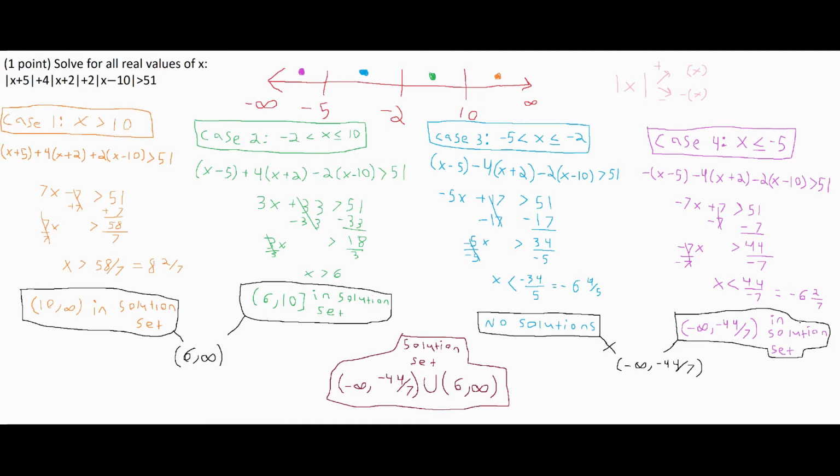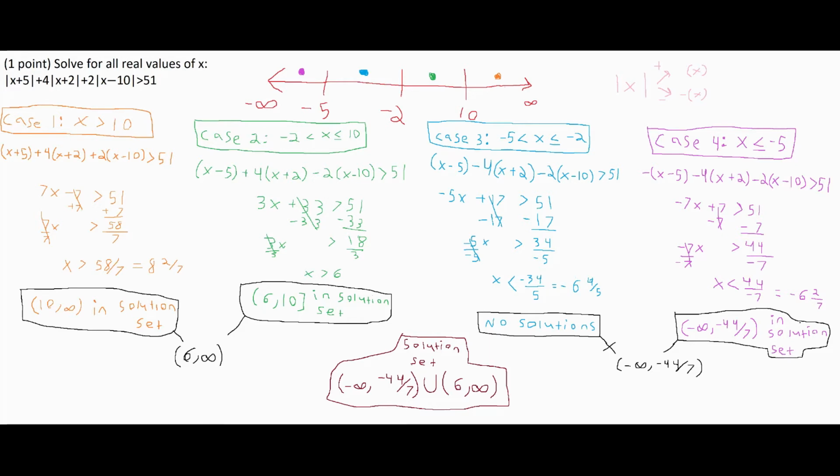This simplifies out to negative 7x plus 7 is greater than 51. And so we solve for x, so we subtract 7, then divide by negative 7, which changes the sign, into x is less than negative 44 over 7, which goes into negative 6 2/7.